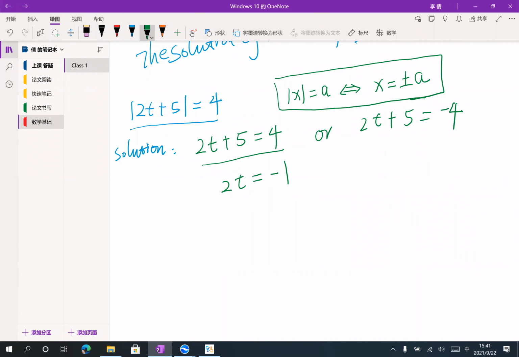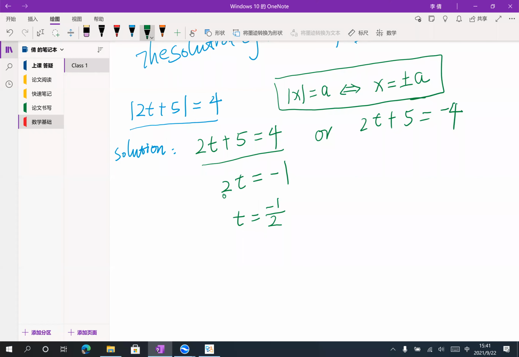If we divide by 2 on both sides, we get t is equal to minus 1 over 2. This is the first solution to this equation.